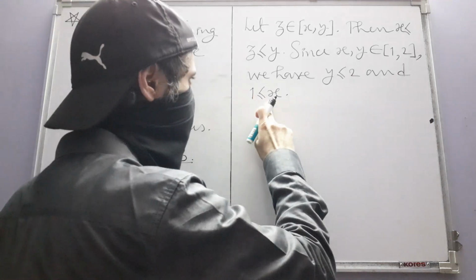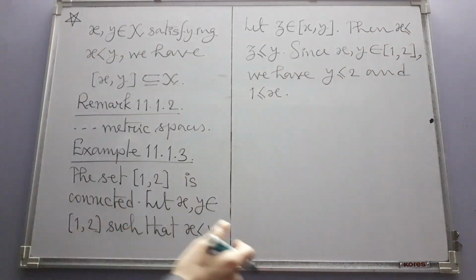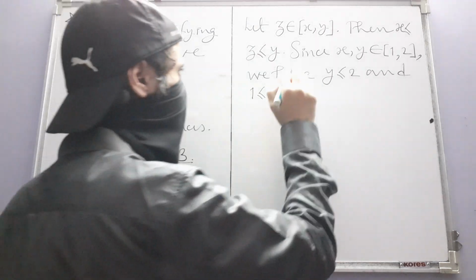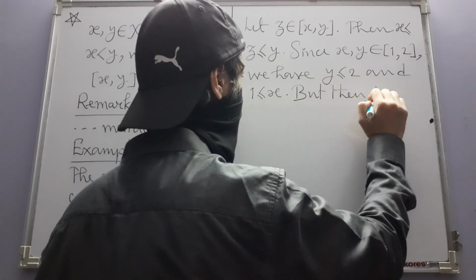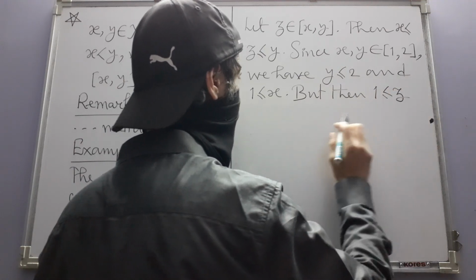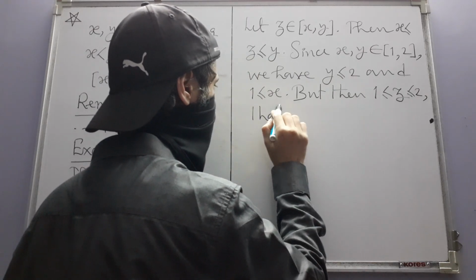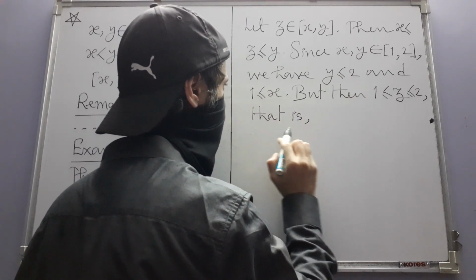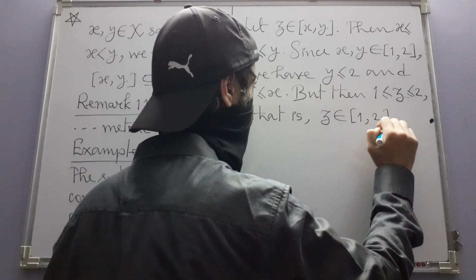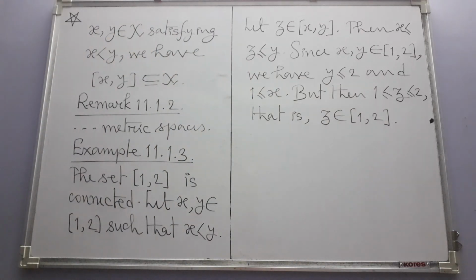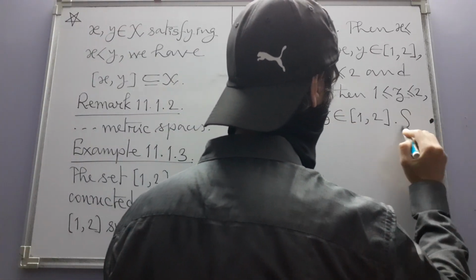And combining this one with the first one, you get the inequality that 1 is less than or equal to z. But then 1 is less than or equal to z and z is less than or equal to 2. That is this.